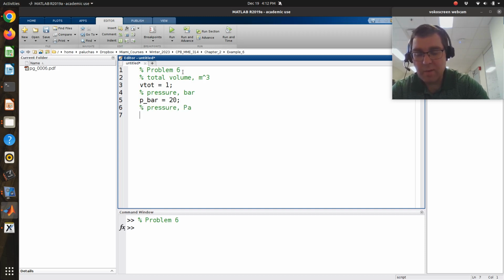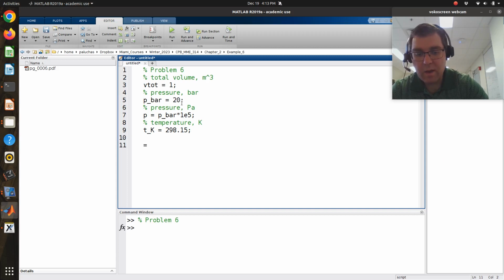Pressure in pascal is my pressure in bars times 1e5. Then my temperature in Kelvin was 298.15.